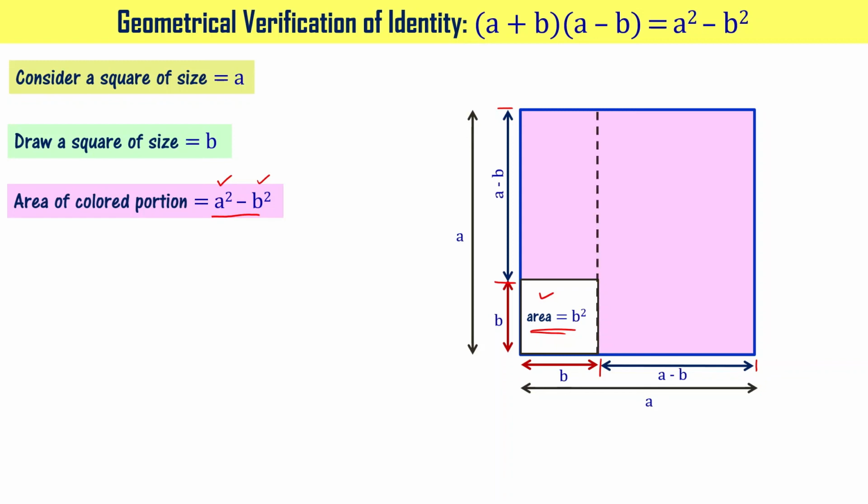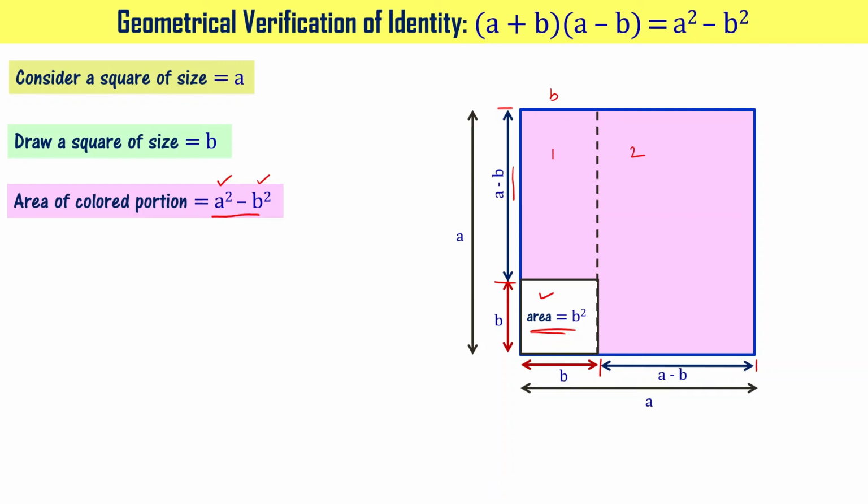Let me extend one of the sides of the square such that now I get the colored portion into 2 parts, 1 and 2, right? These two are 2 rectangles. For rectangle 1, one side is of length a minus b and the other side is of length b, right?